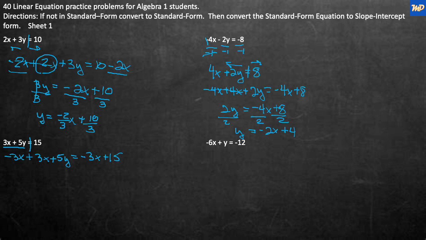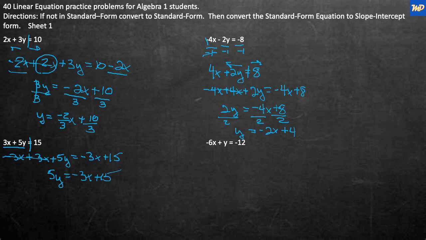Okay, now we get rid of the 3x's because the negative 3x and a positive 3x cancel each other, because that's what we wanted to do. That's why we added the negative 3x, so we could cancel the positive 3x. So now we've ended up with 5y is equal to negative 3x plus 15.